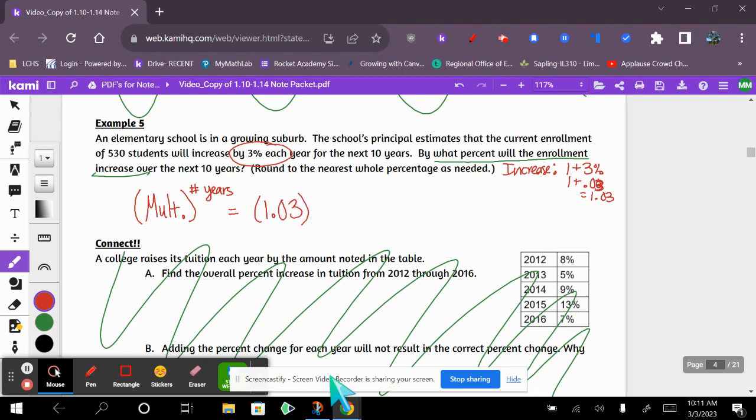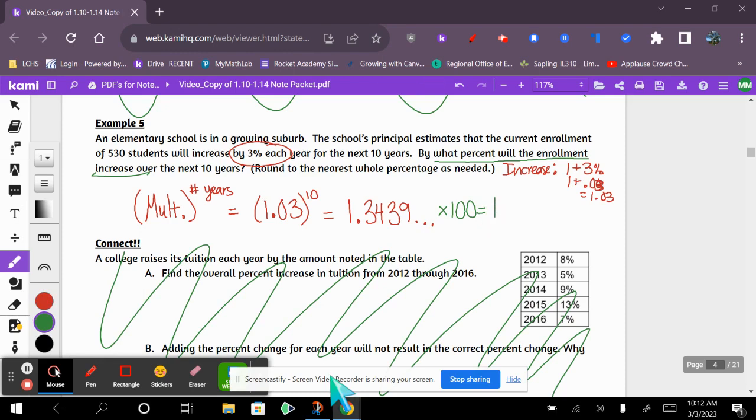It tells us that the number of years is 10. So I'm going to type in my calculator 1.03 to the 10th power. And I get 1.3439. Right now, this is still a decimal, so I'm going to change it to a percent by multiplying by 100.